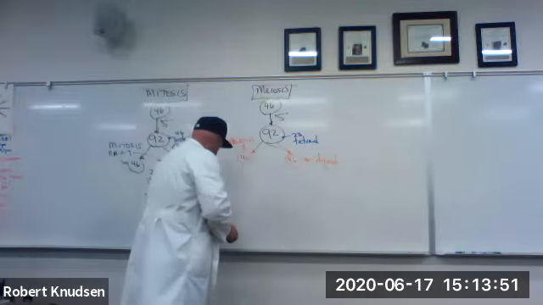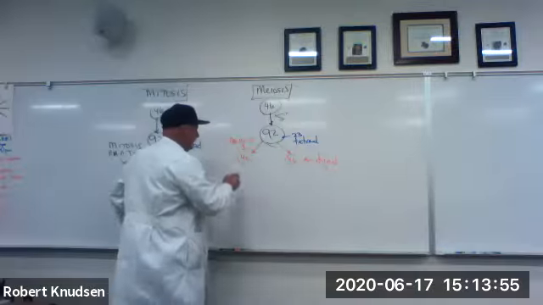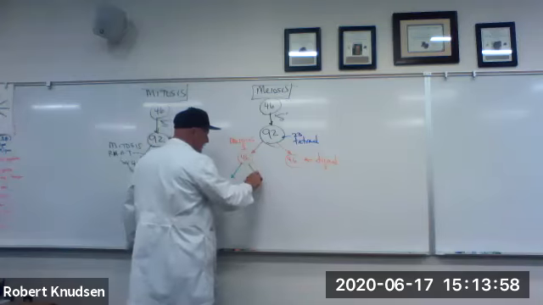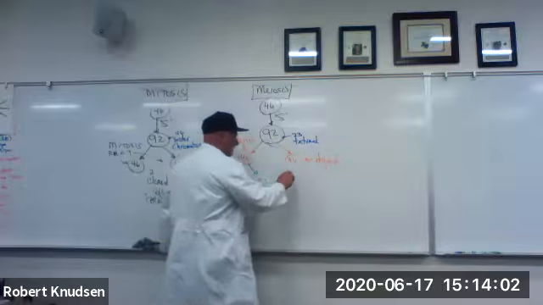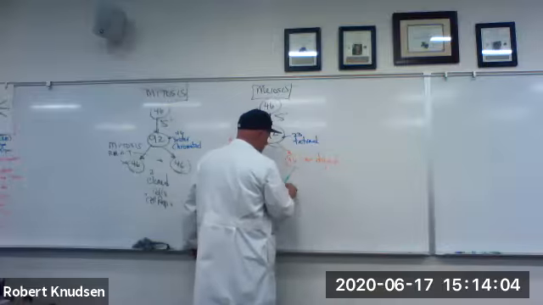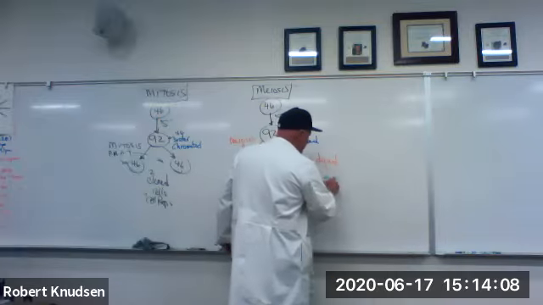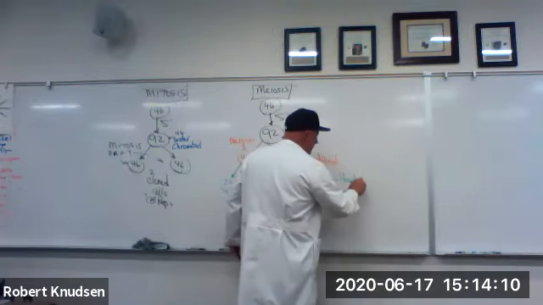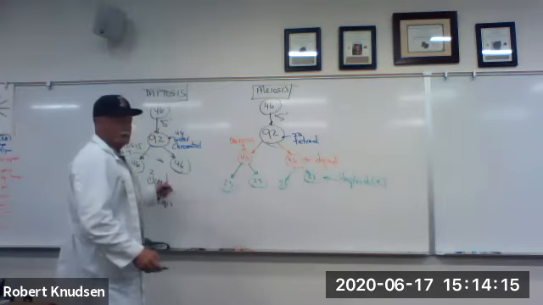Okay, another color. Then this splits. We get 23, 23, 23, 23. These are haploid, N. Got it? Doesn't look like this, does it?